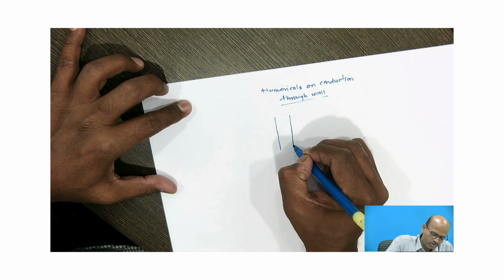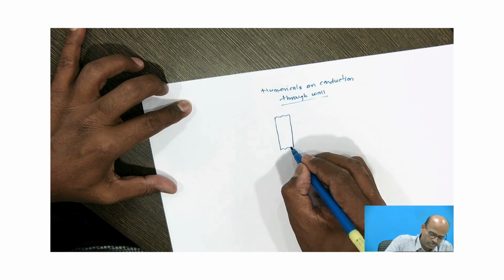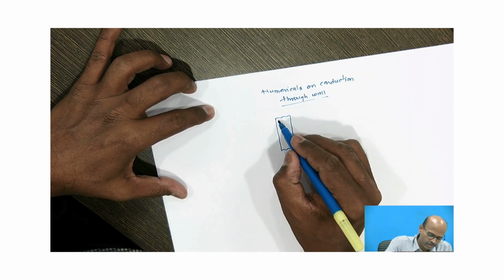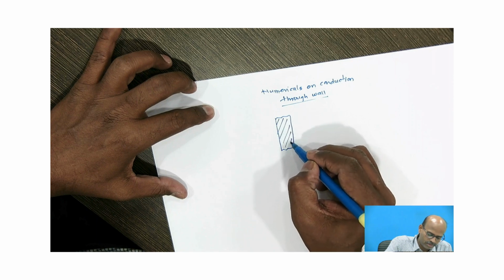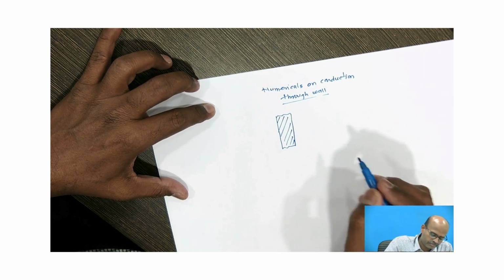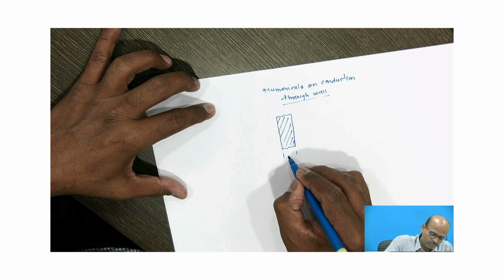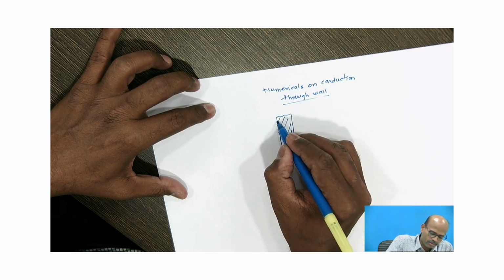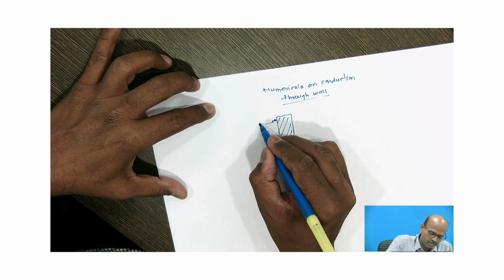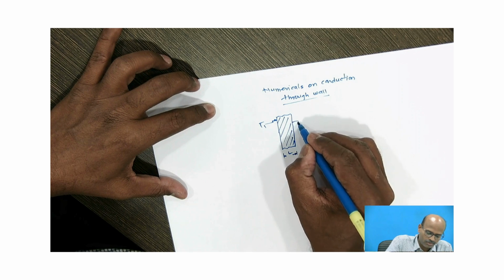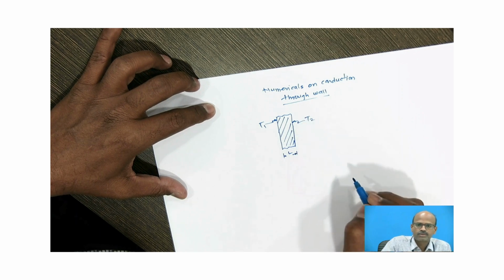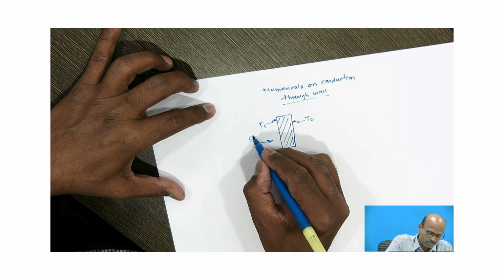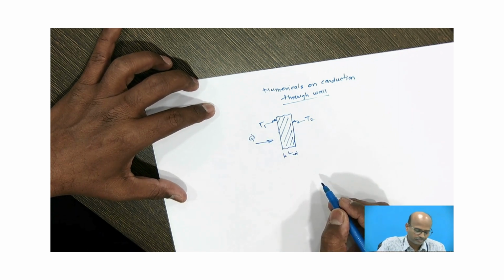In walls, this will be the conventional representation of the wall, where the wall material is represented by this hatching line. The thickness of this wall is L. The inner surface temperature is suppose T1, outer surface temperature is T2, and the rate of heat transfer is denoted by Q dot.